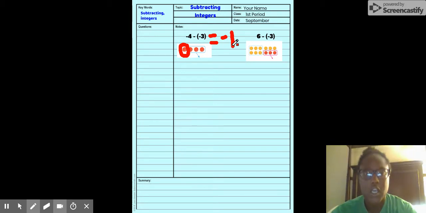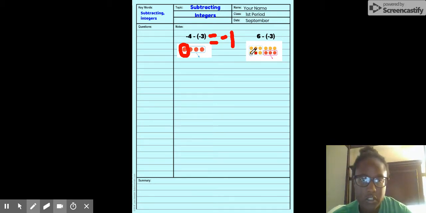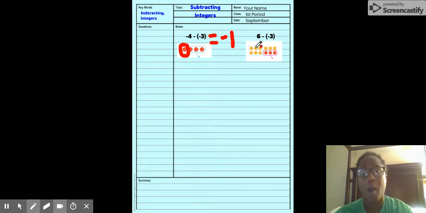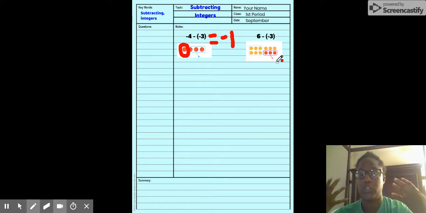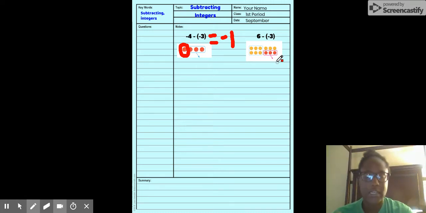Okay, so we start with 6. So we have 1, 2, 3, 4, 5, 6. But on this one, we want to take away -3. Now, if you notice that these yellows are positive, so we need to take away negative. The only way that we can do that is to create or to add negative ones.